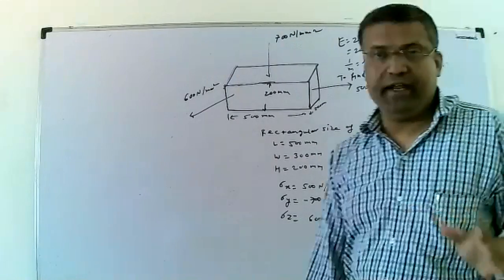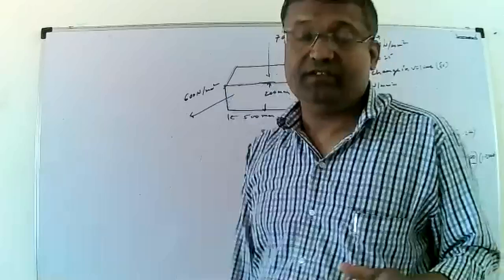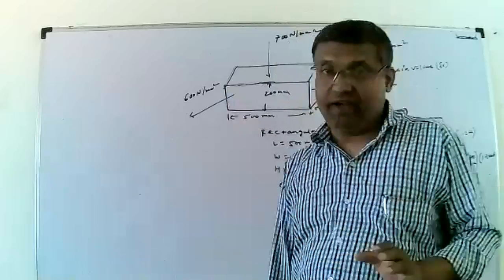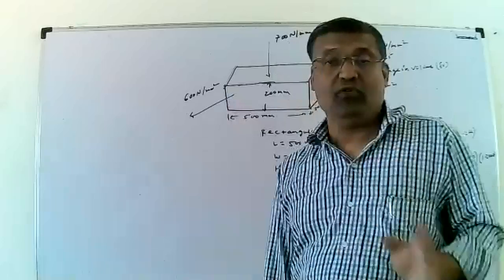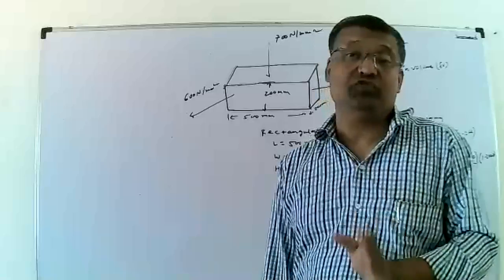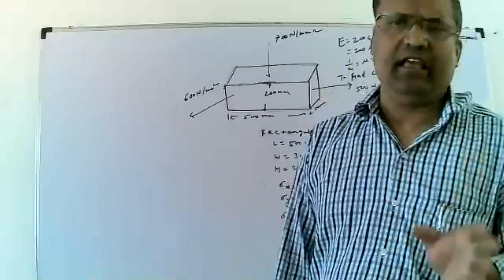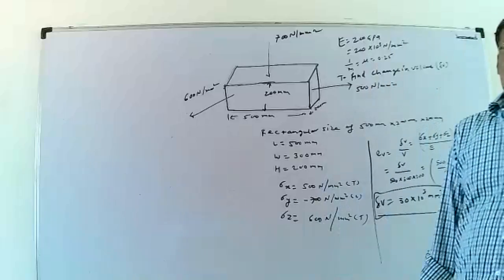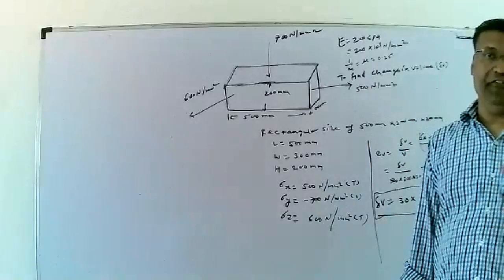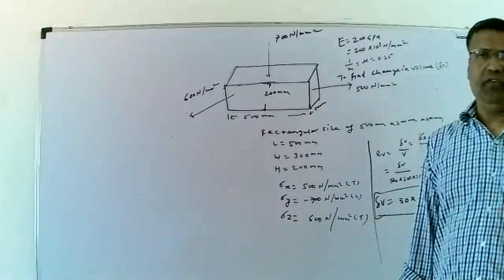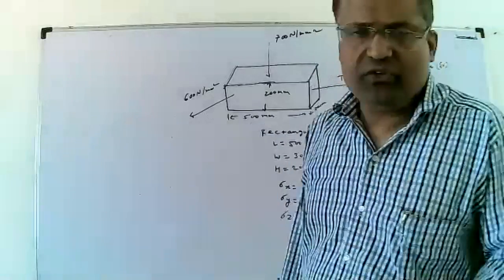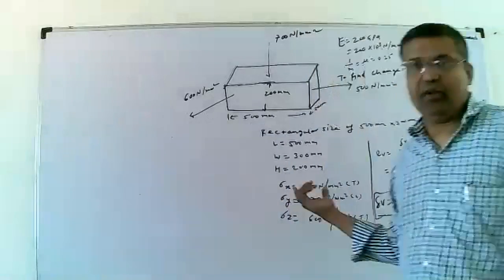Then the basic formula for finding the change in volume is the volumetric strain formula: Ev equals delta V upon V, equal to sigma x plus sigma y plus sigma z upon E into 1 minus 2 mu. If you want to calculate delta V, you can directly apply this formula.